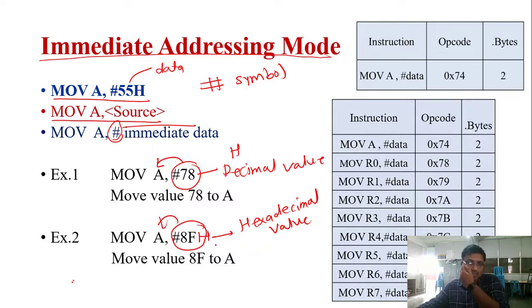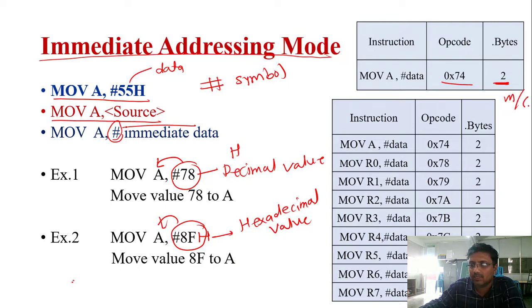So like this we can use immediate addressing mode. Here is the opcode for this. The opcode is the machine-understandable code, and there are the machine cycles required for executing this particular instruction. The instruction is MOV A, #data. For this the opcode is 74, and it requires 2 bytes, that is 2 machine cycles.